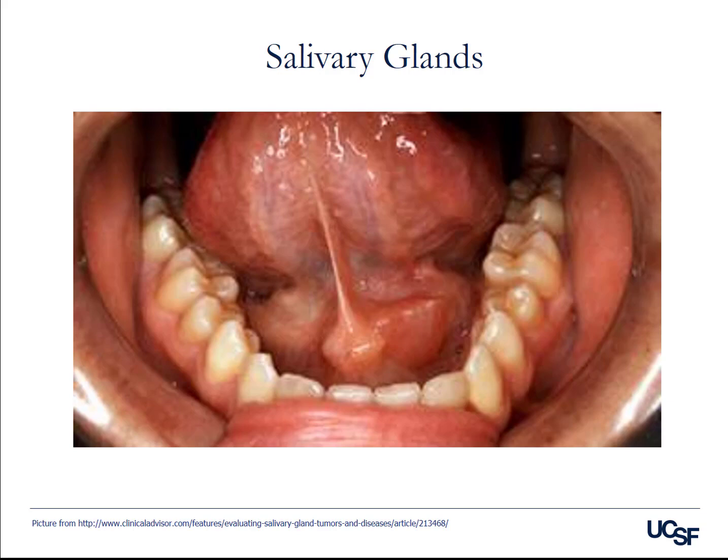Here demonstrates the salivary glands. Inside the mouth, we have the submandibular gland as well as the parotid gland. The submandibular gland empties into a duct called the Wharton duct, and the parotid gland is on the upper area, right behind the second premolar, and empties into the Stenson duct. Now, patients that receive chemotherapy or radiation tend to have hypertrophy of the salivary glands, therefore reducing the salivary flow, and tend to have a higher incidence of caries formation.